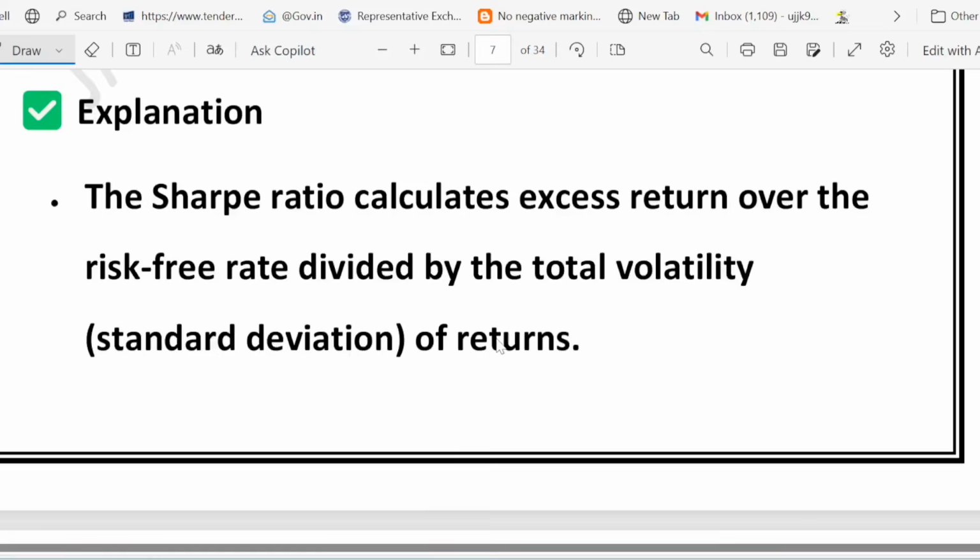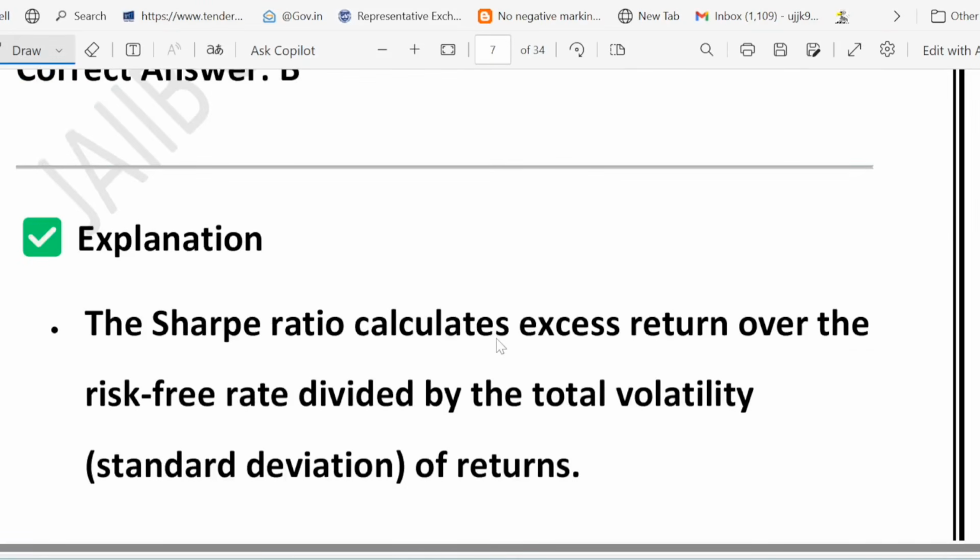So what we learned from this discussion is that this particular Sharpe ratio tells you how efficiently your investment gives return for the risk you are taking. It uses the risk-free rate as baseline. It measures the total risk using the standard deviation. How do we calculate it?